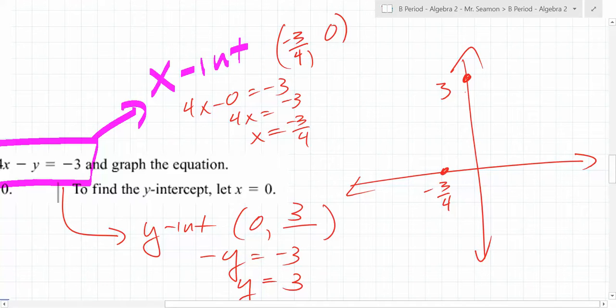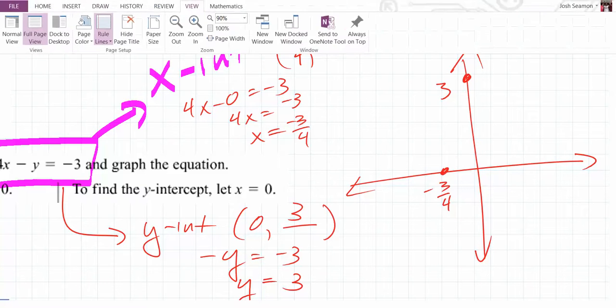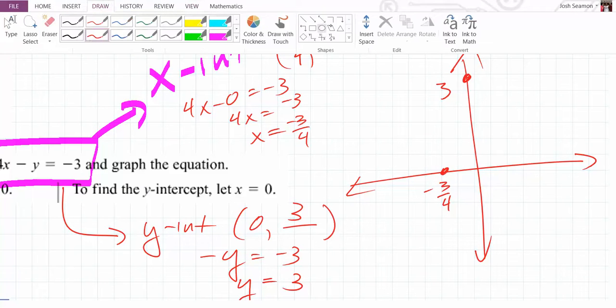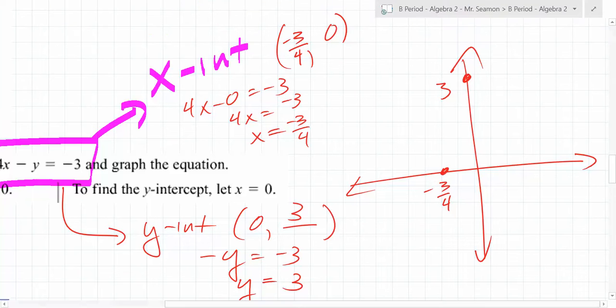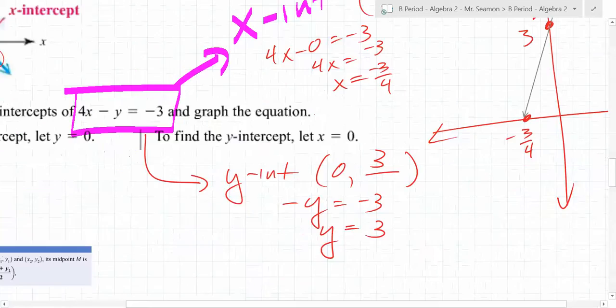Draw a line. And one thing I don't know if you know, if you go into the menu here and you go to draw, you can draw lines with this thing. There's also segments. There's lines. You can actually do a line drawing tool. It's kind of cool. So there it is. Does that have a positive slope or a negative slope? Oh yeah, we'll get to that.